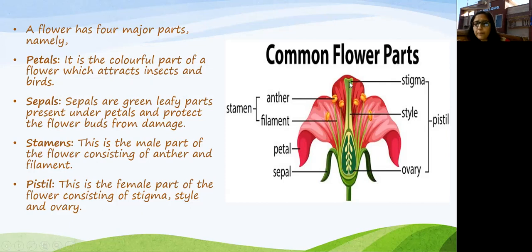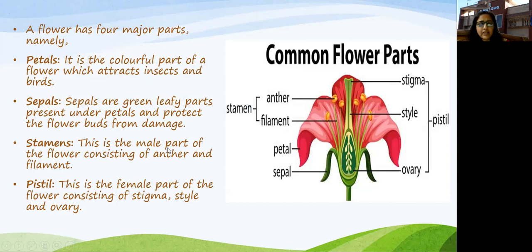The top part of this pistil is called stigma. This tubular structure is termed as style, and this oval shaped part is called ovary. Fine, so these are the male and female parts of a flower.